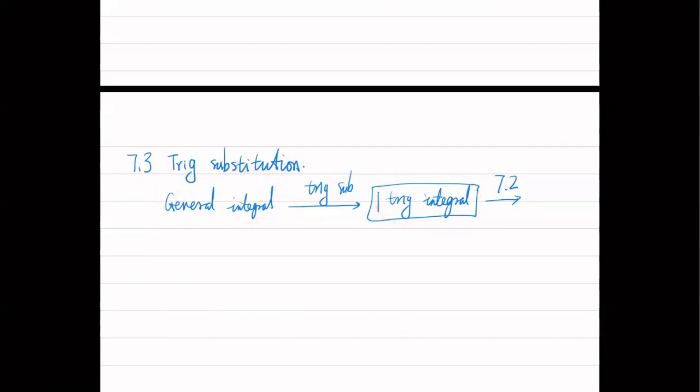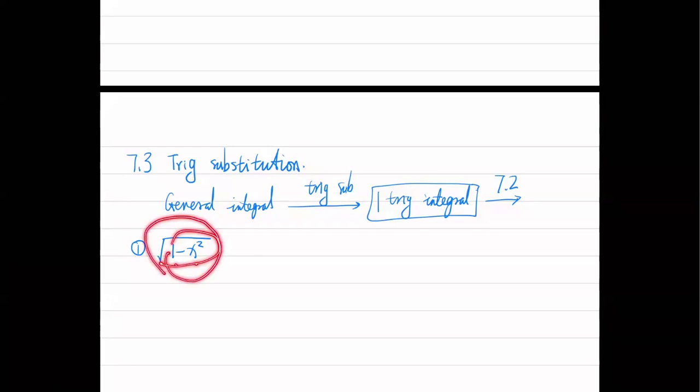So there are special types of integrals that will benefit from this trig substitution. The first one is if we have a factor like this, the square root of 1 minus x squared.